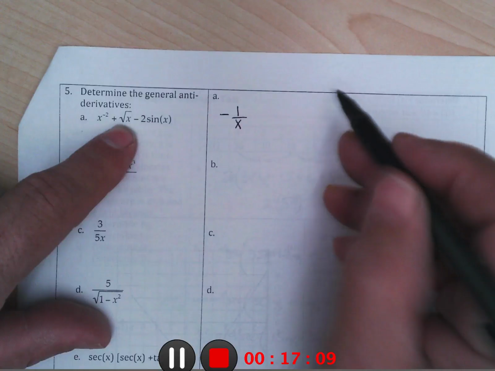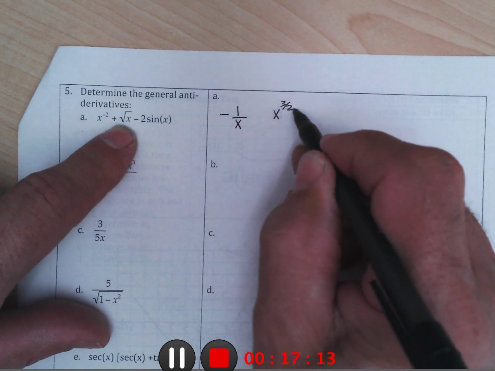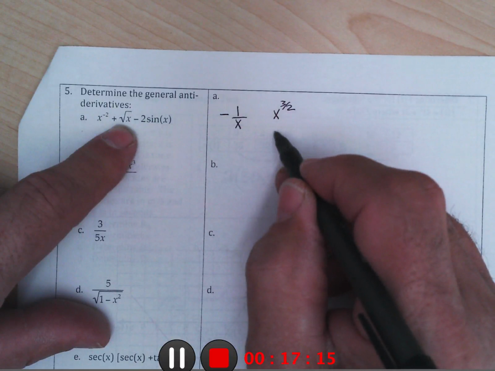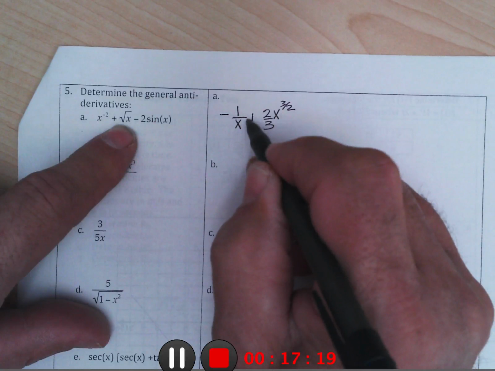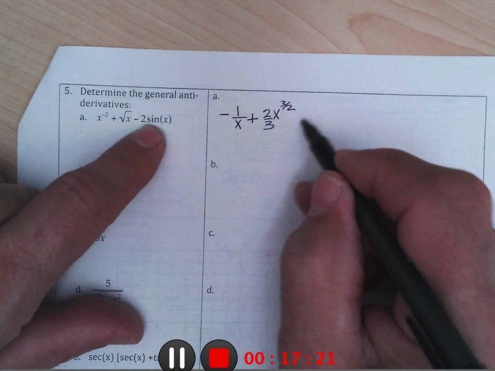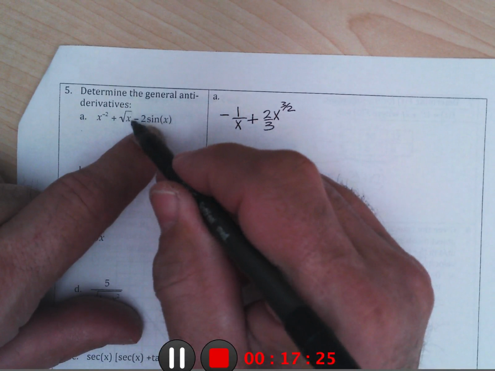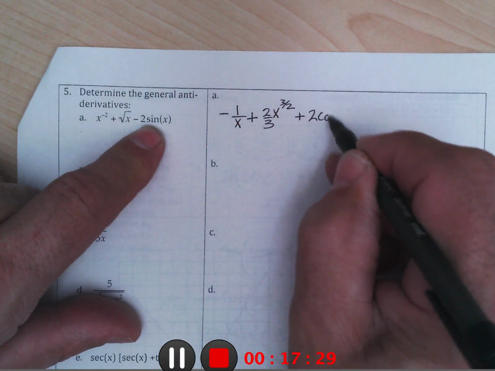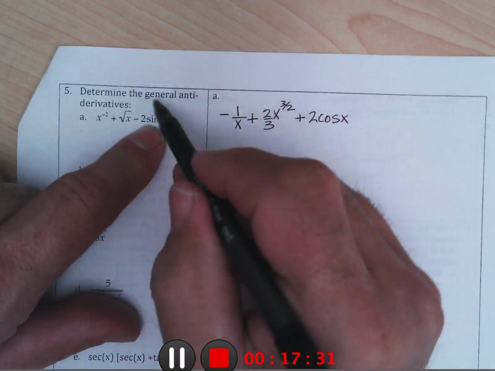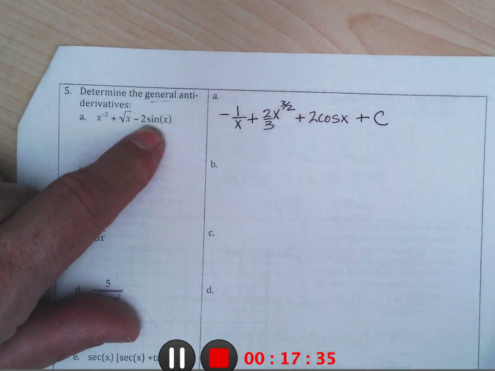So x to the 3/2 divided by 3/2 or multiplied by 2/3. And the antiderivative of sine x is negative cosine, so the negatives would cancel and be plus 2 cosine x. And since I asked for the general, plus any constant. So you have to put the plus c on it.